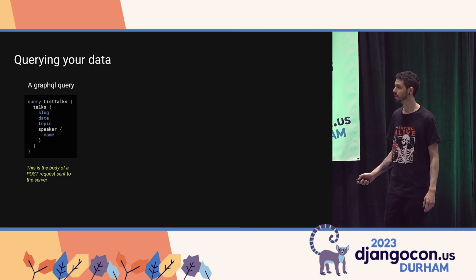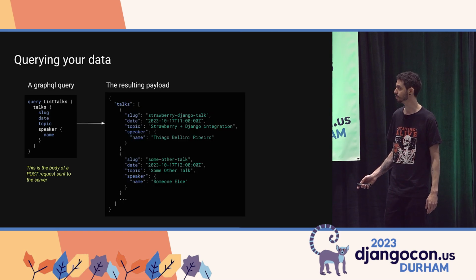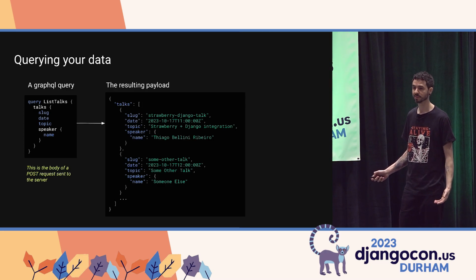So I am asking for the talks. I want to retrieve the slug, the date, the topic, and the speaker. He's an entity, so I need to ask for attributes inside it, and I want to ask just the name.